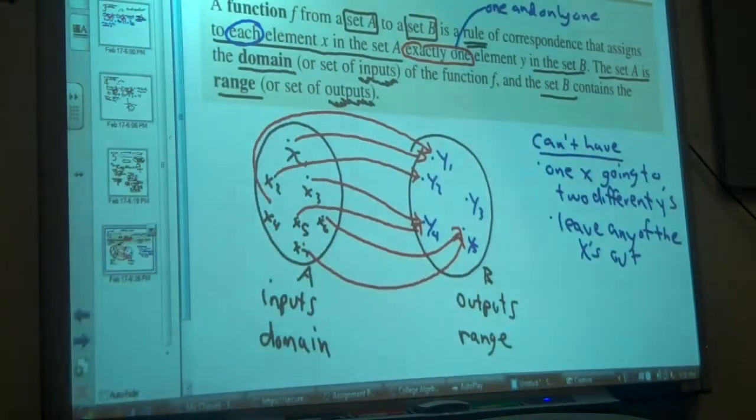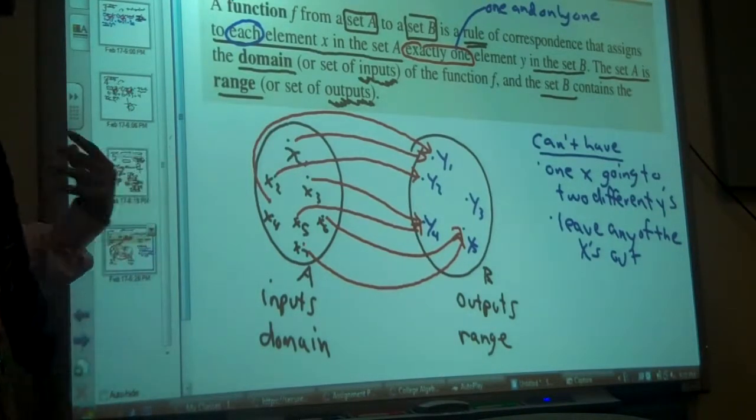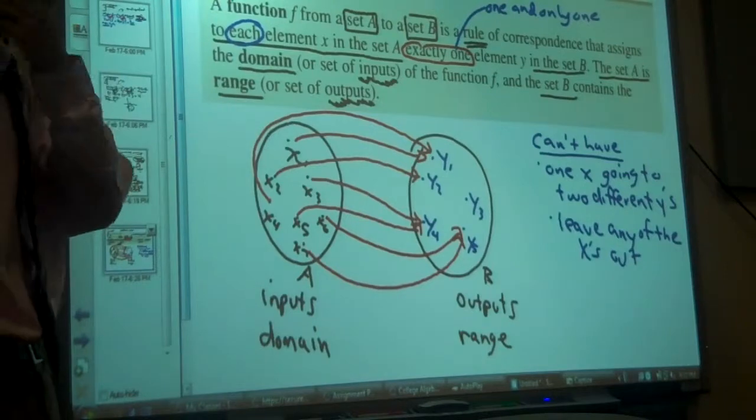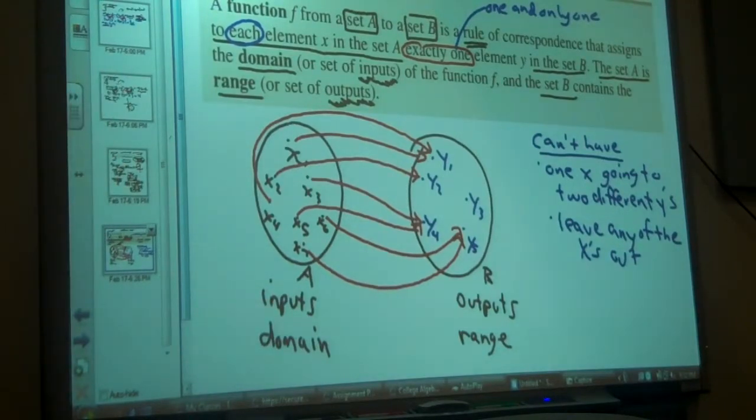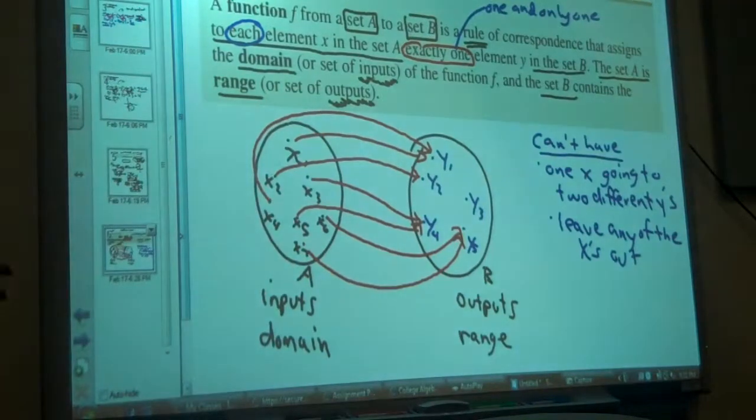You can leave the y's out, that's fine. And you can have more than one x going to one y, but you can't do the flip of that. This is one way to represent a function. It's not a normal way to do it, but it's called an arrow diagram.